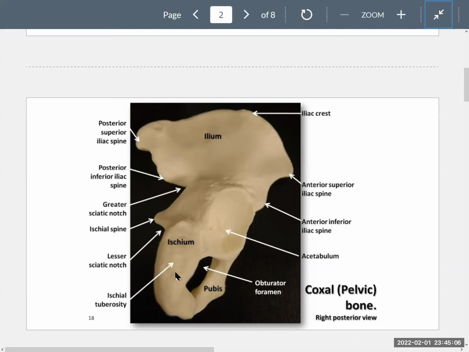If you've ever sat in the bleachers and the seats were hard, it's the ischial tuberosity that suffers. And then down here, right in the front, is the pubis bone, also known as the pubic bone.